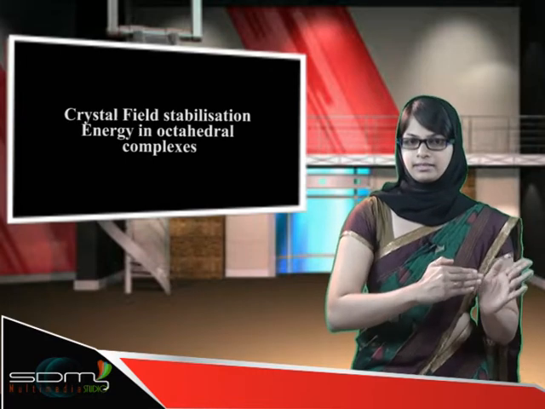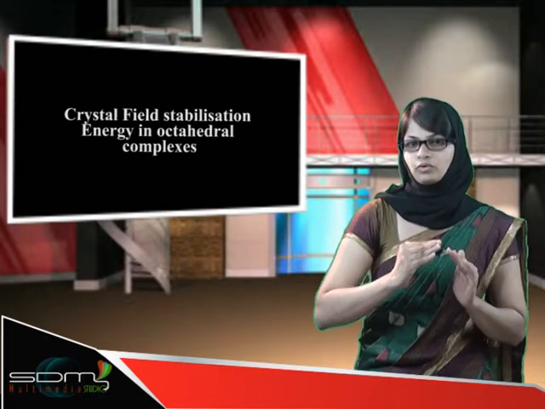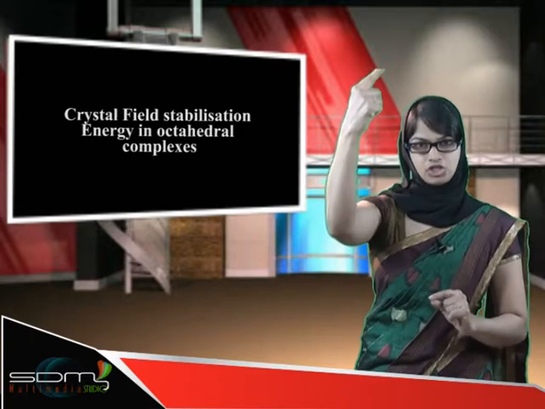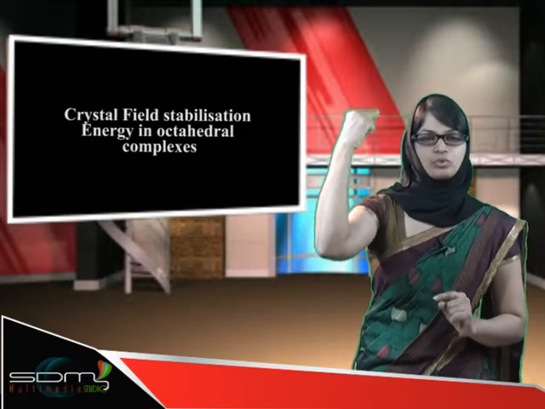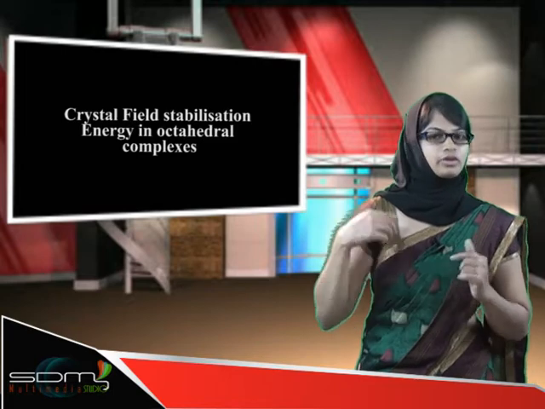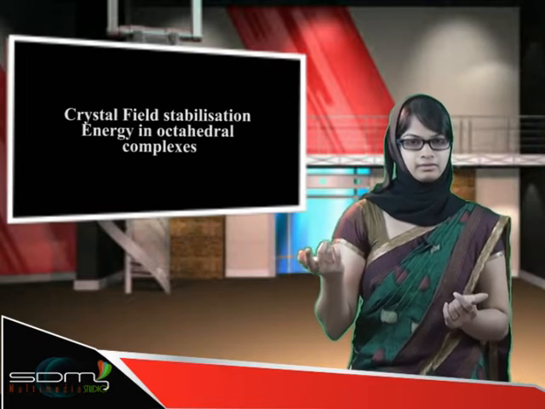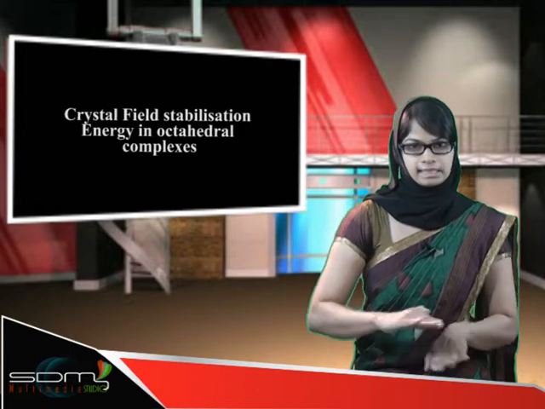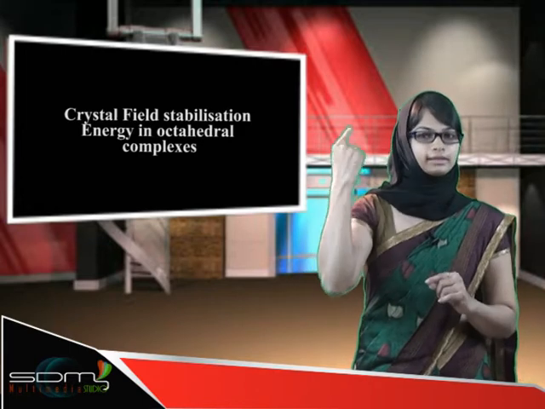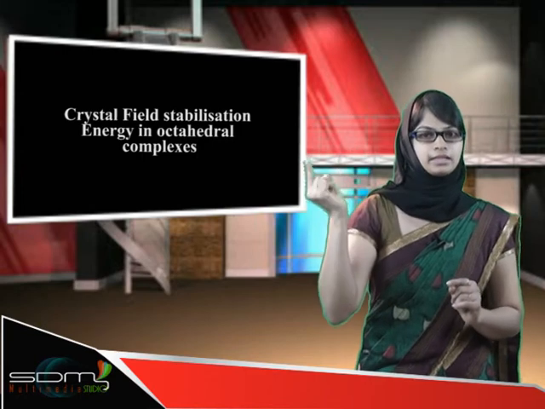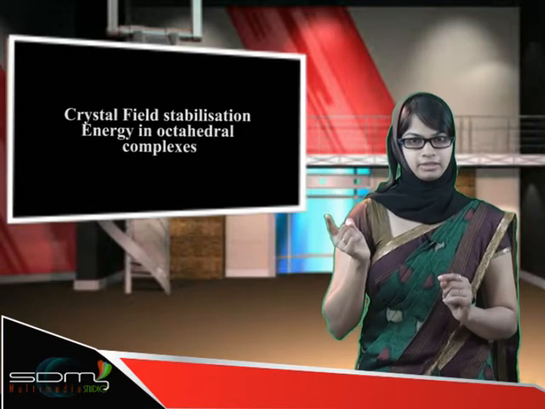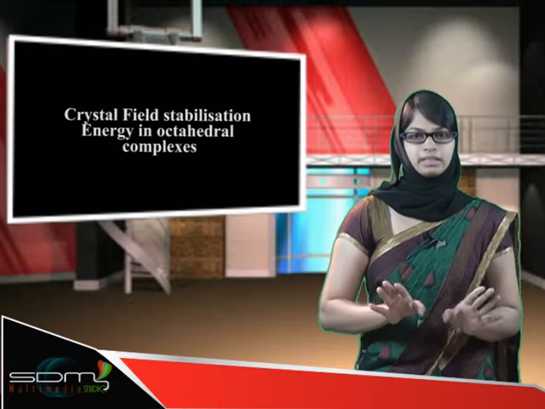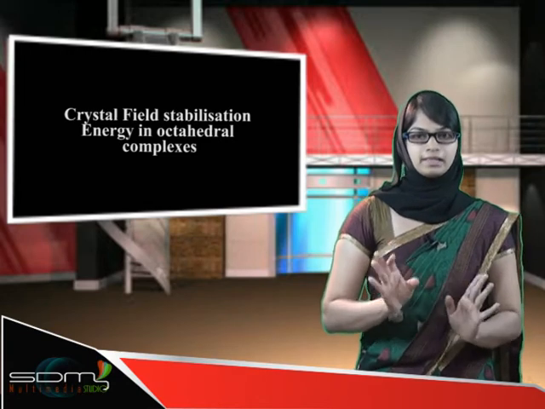Say the second case, where the fourth electron moves to the eg. It can move to either dx square y square, or it can move to dz square. Say all the three dxy, dyz and dzx orbitals are singly occupied. Now the fourth electron is moving to either the dx square y square or dz square, so that all four orbitals are singly filled.